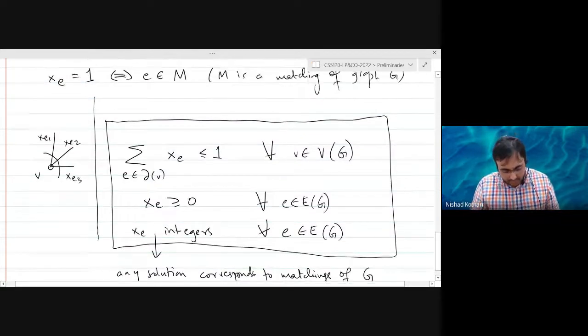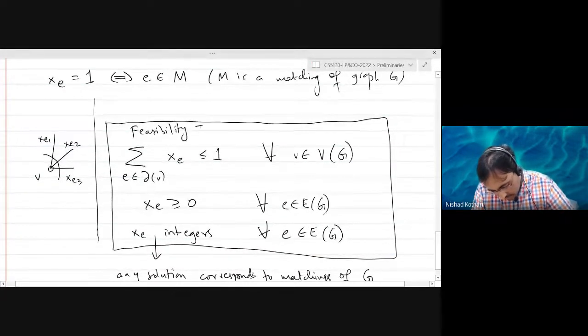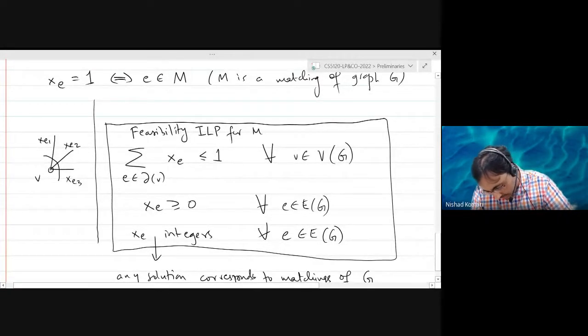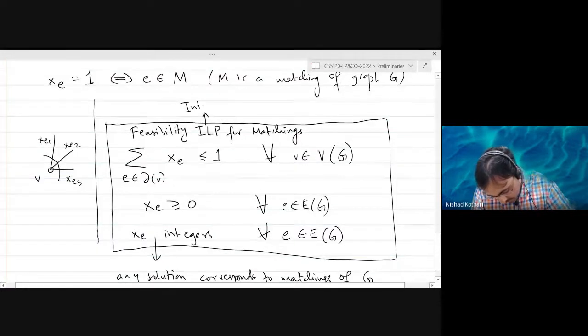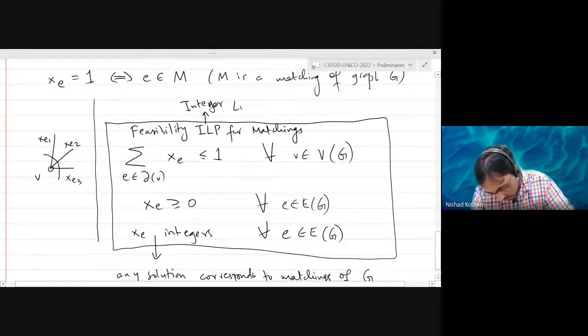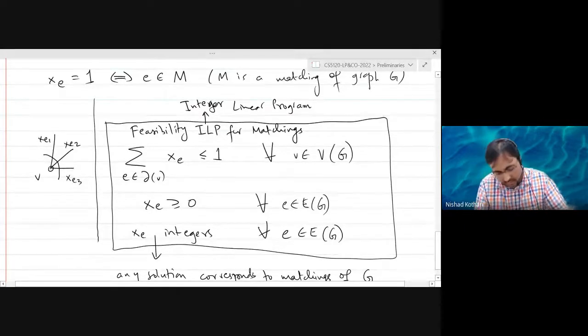So we are going to call this the feasibility integer linear program for matchings, and I will specify the reasons for each of those terms in some time. Okay, so ILP here stands for integer linear program, and we will expand on this in a few minutes.